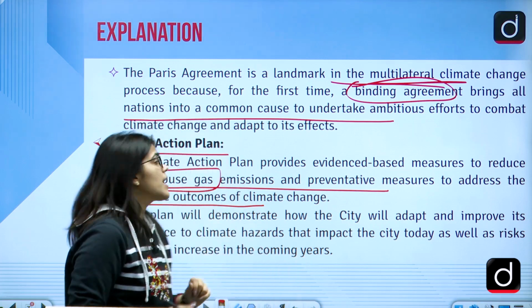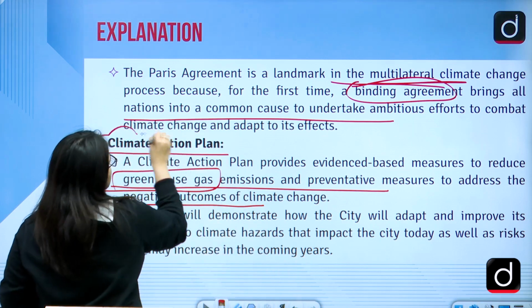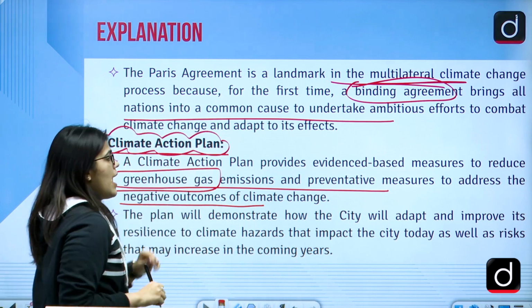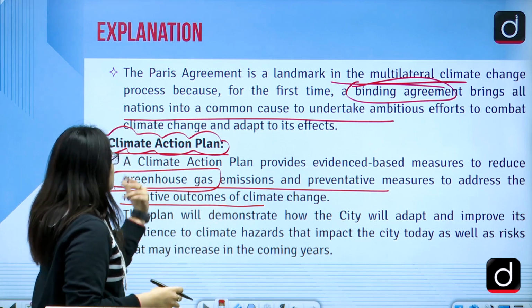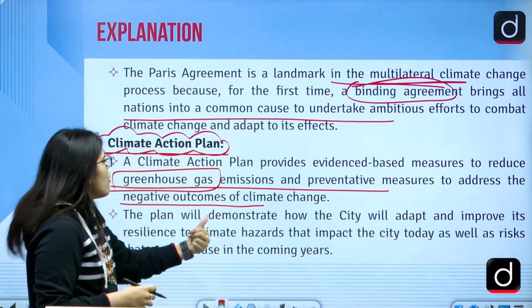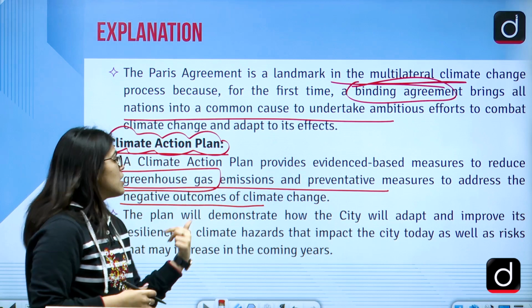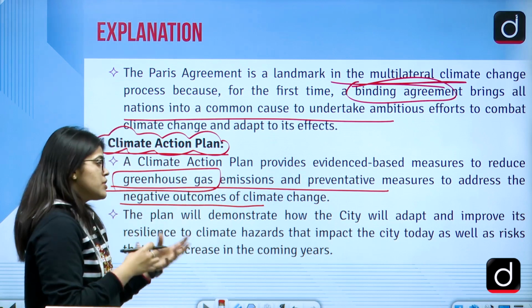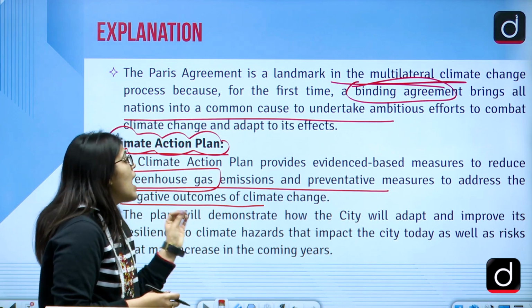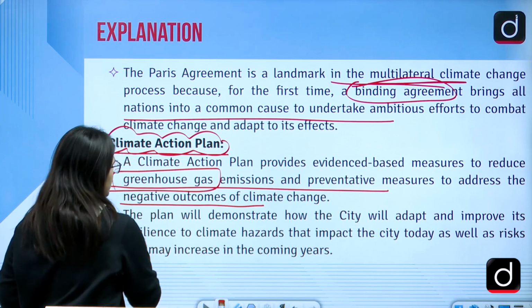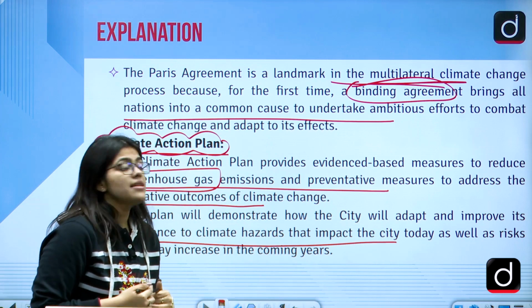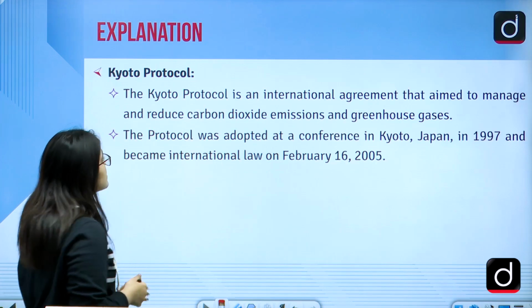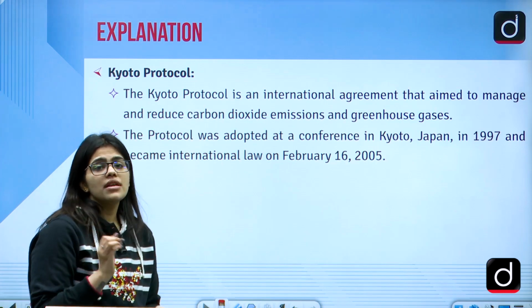So we came up with another plan that is called the climate action plan, and we will see that there should be preventive measures adopted so that the negative outcomes of the greenhouse gas emissions can be curbed down. The plan will demonstrate how the city will adopt and improve its resilience to the climate hazards that are taking place in the city nowadays. So there are so many risks that are increasing because of the greenhouse gases.